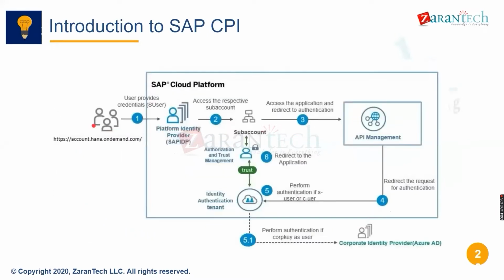When I'm trying to log into my CPI account, first it will check whether this user has the proper roles or not. Let's assume this is SAP CPI. When some sender system wants to trigger some data, first, before reaching SAP CPI, it will check whether the user exists in the identity provider database or not.